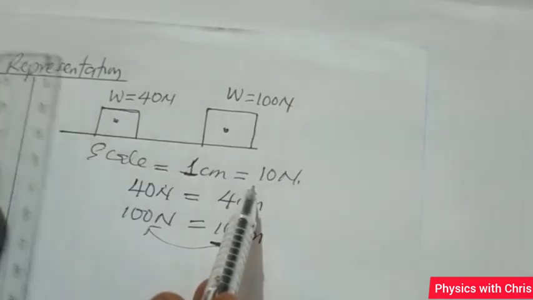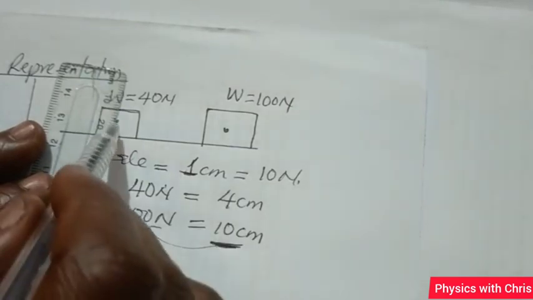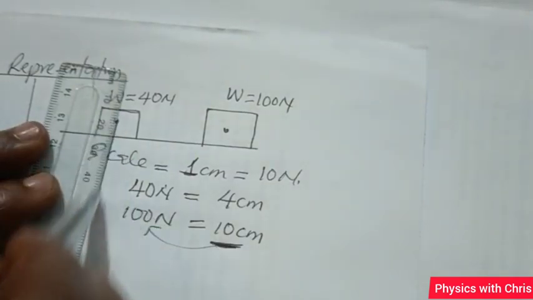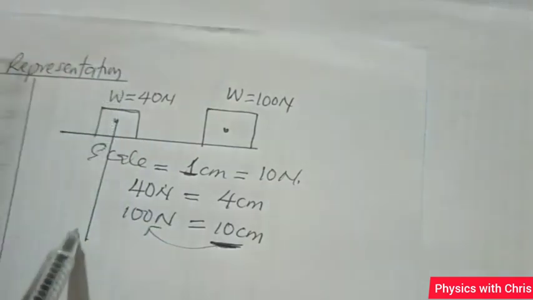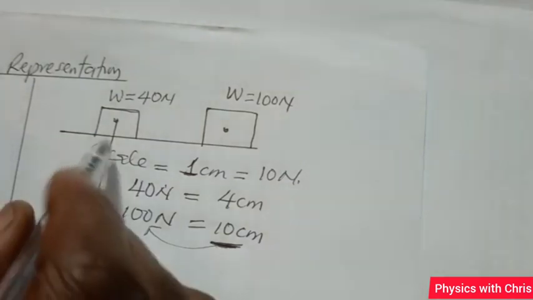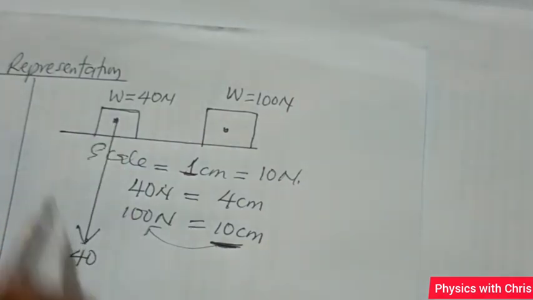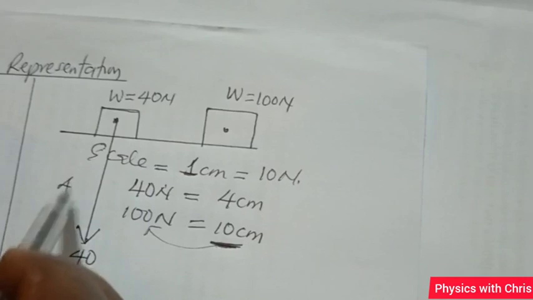Which means a weight of 40 Newton will require a line of length 4 centimeters, and a vector of 100 Newton will require a line of 10 centimeters. So, going by the scale I've chosen, I'll carefully draw on the first weight a line 4 centimeters long to represent my vector of 40 Newton.